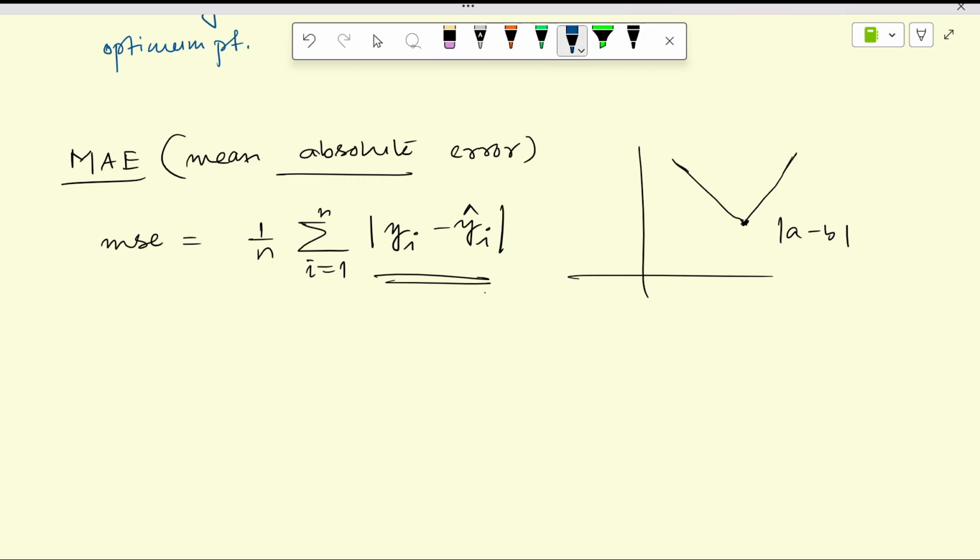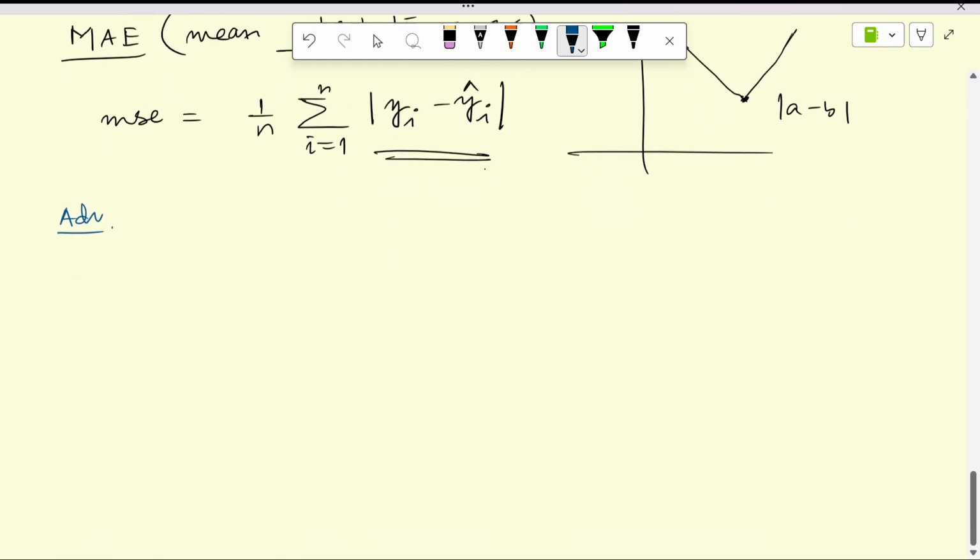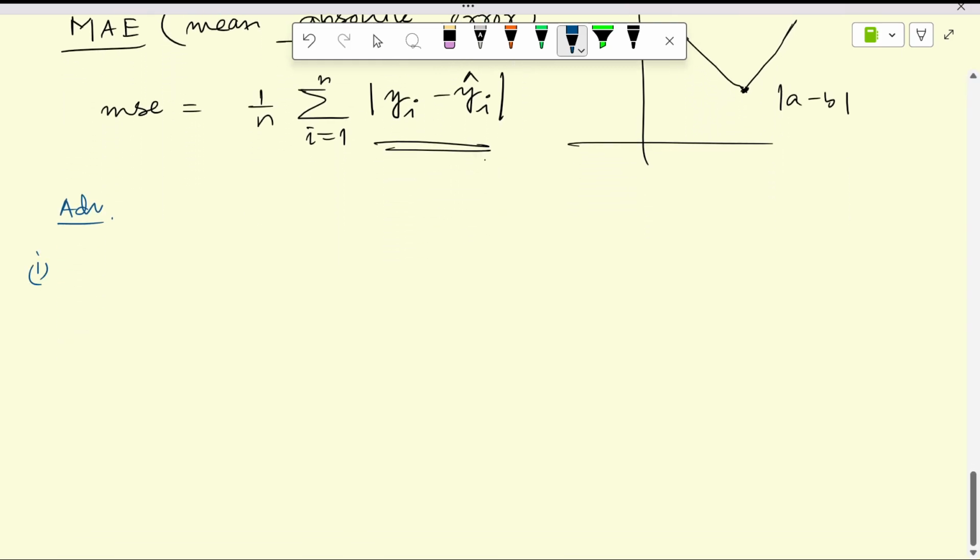So what are the advantages here? The first advantage is that, as with RMSE, it's also the same unit as the data. Second, it is actually robust to outliers. This is the main advantage.